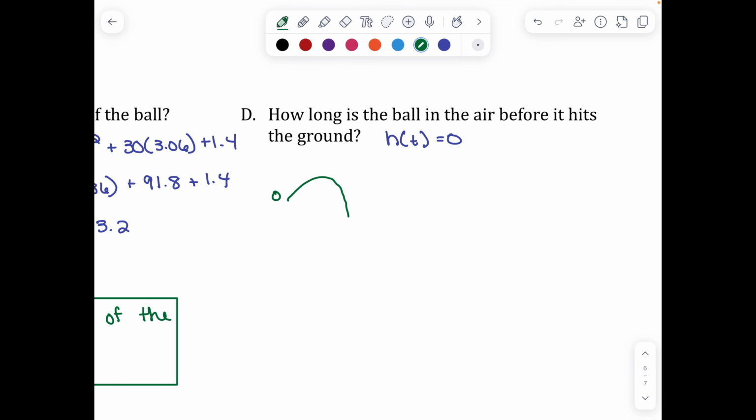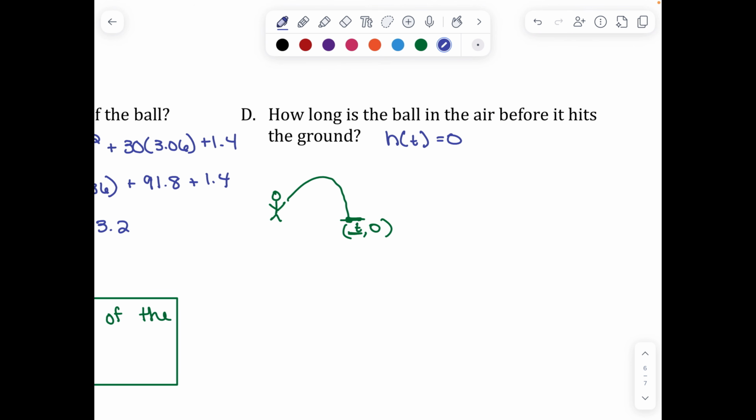So here's your little batter, right? So they hit a pop-up. We want to know here how long it takes to hit the ground. So this is where you'll have the time is your t, comma, 0, right? Where your height is 0.